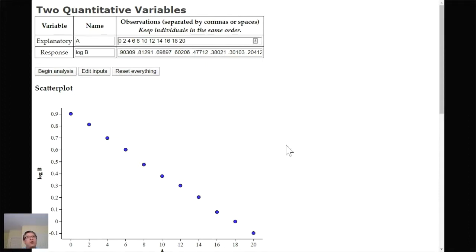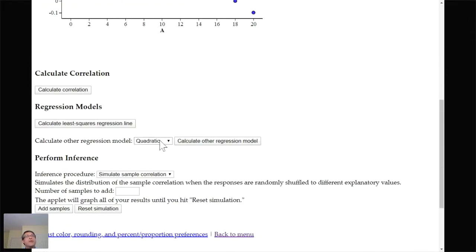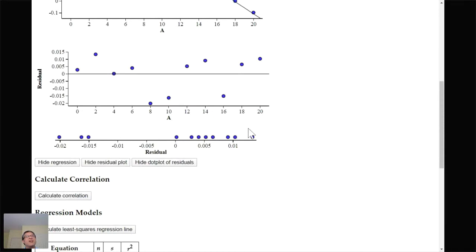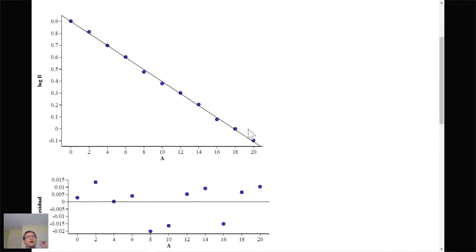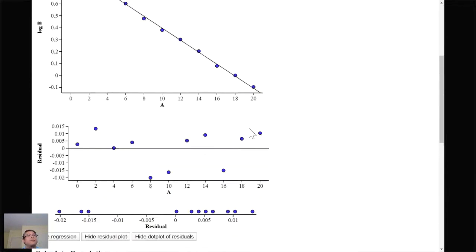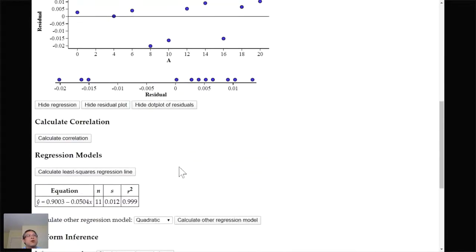And then when I do a linear model on this data, you can see I get basically the same residual plot, just at a different scale. And what's most important here is the equation, right?